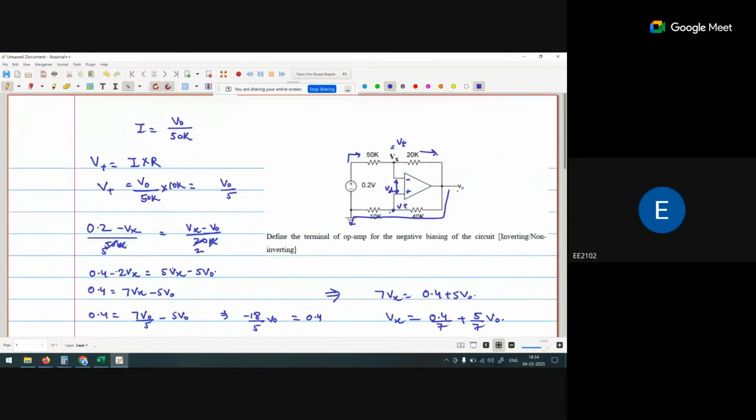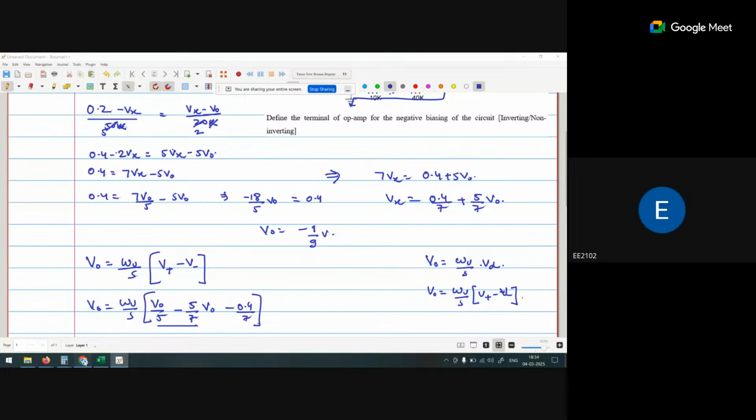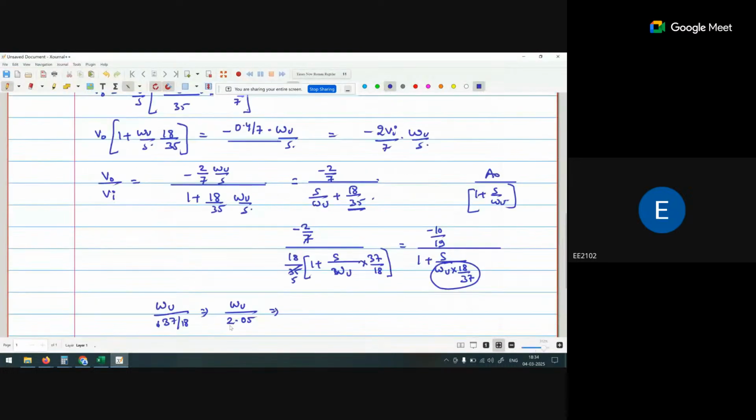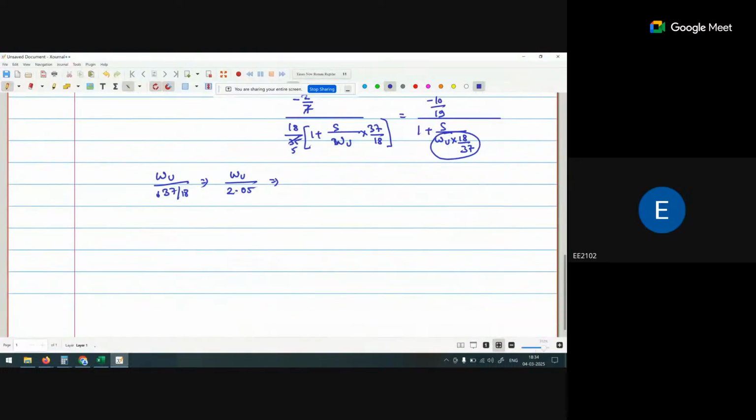Now we compare with the question. In the question it says that omega b is omega u by k. If it is omega u by k, what is the value of k? K is 2.05.